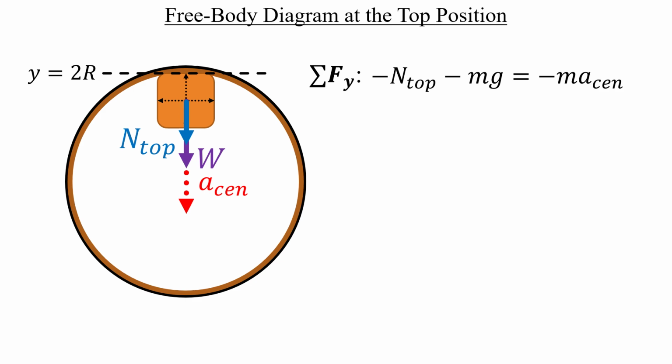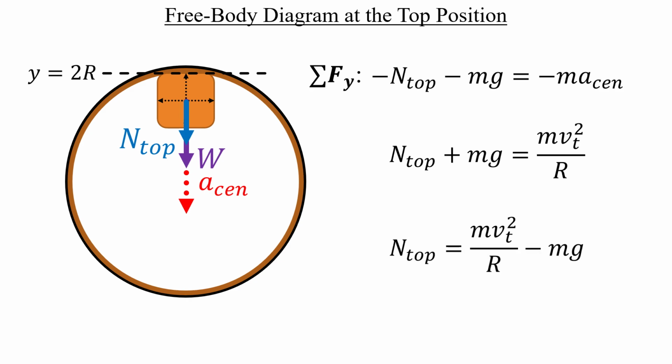So in that case, it's totally okay to multiply everything by -1 and work with strictly positive values. Let's move mg over to the right-hand side, and now we have an equation that we can work with.